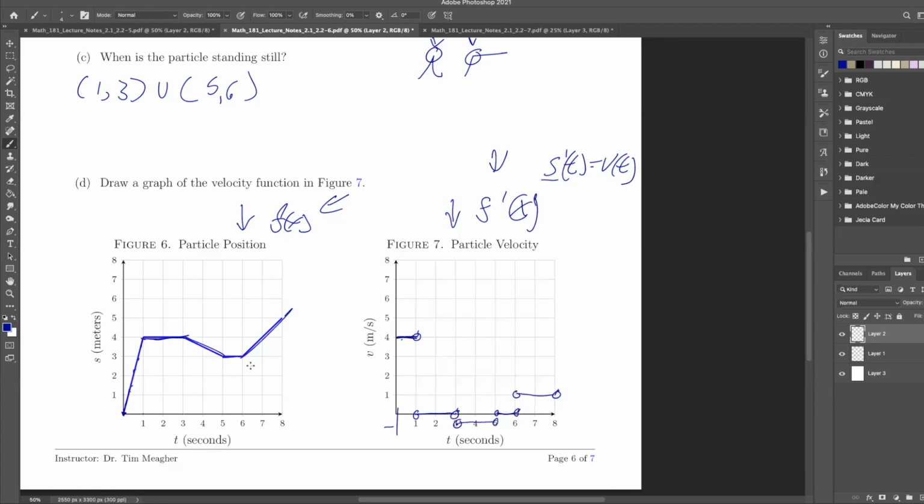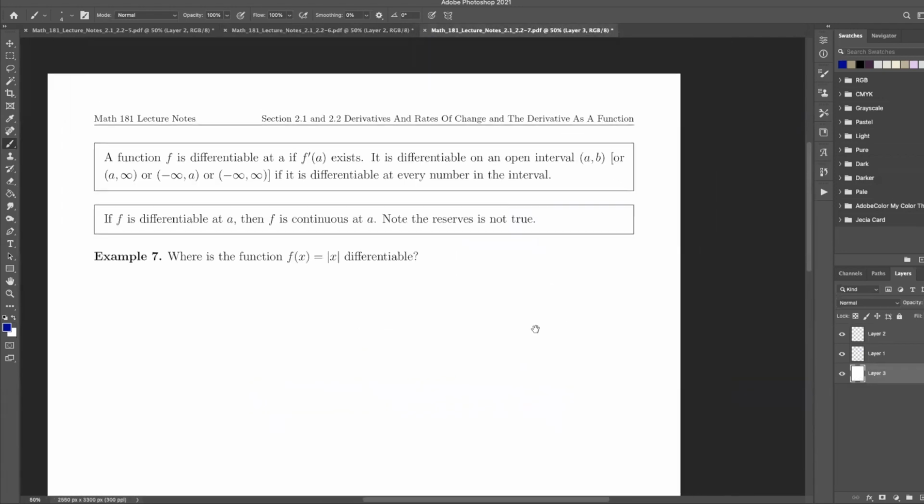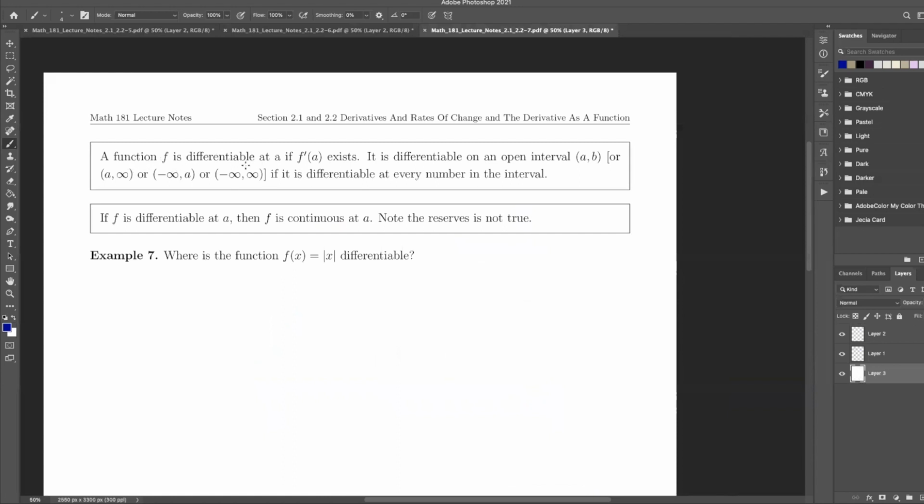All right, but let's explain why the derivative does not exist here. So let's look at this real quick. We have 2 more. A function is called differentiable at a if the derivative of the function at a exists.